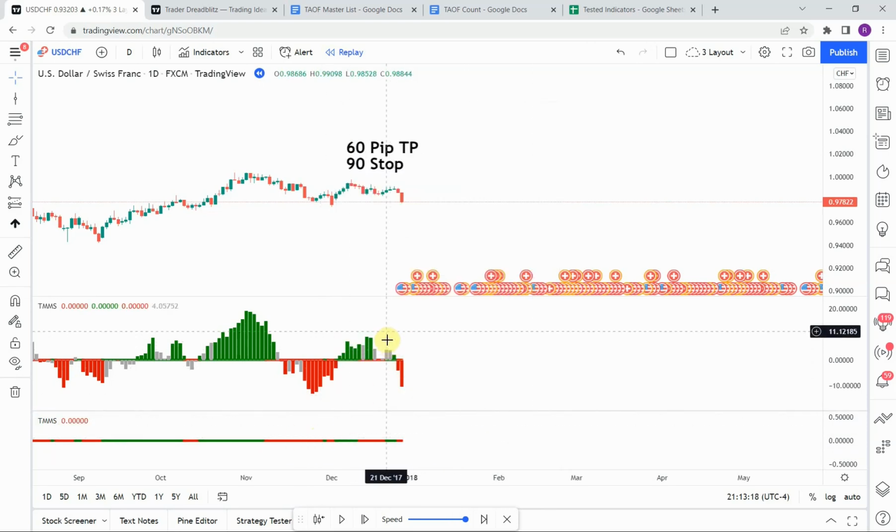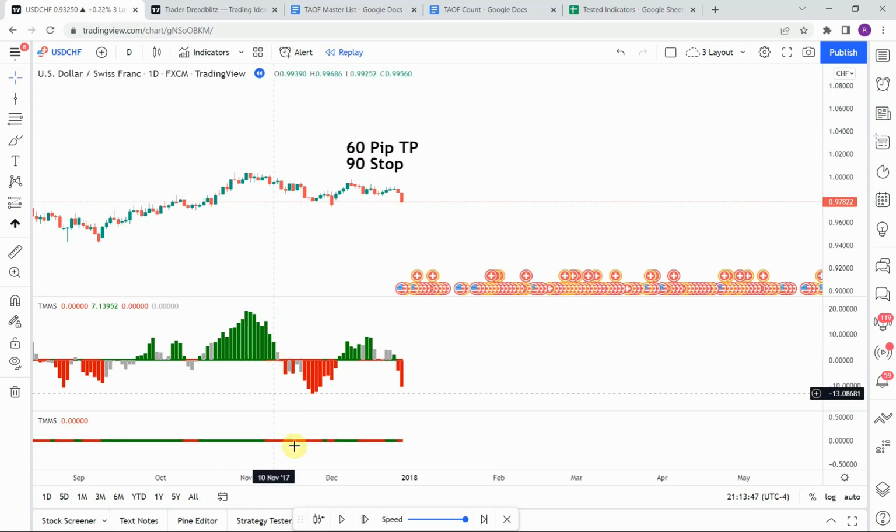All right, the setup on this is we are basically looking for a zero line cross, more or less, for the lack of a better term. We're looking for when we get a red bar to the downside, and we also need the whole line to be red as well.